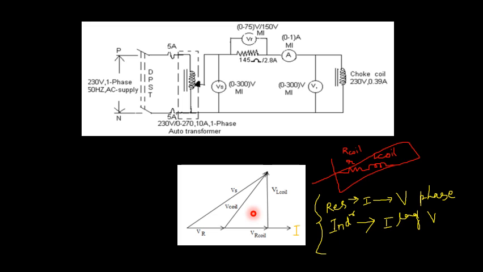If you consider VL, the voltage appearing across the coil, it behaves somewhat like an inductor component. We know that it is not a pure resistive component. In case of an inductor, the current has to lag the voltage, or in other terms, voltage leads the current. So in this diagram, current is coming after the component of voltage in both the cases.